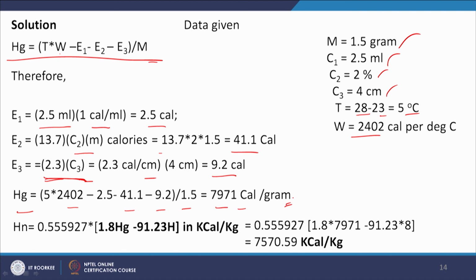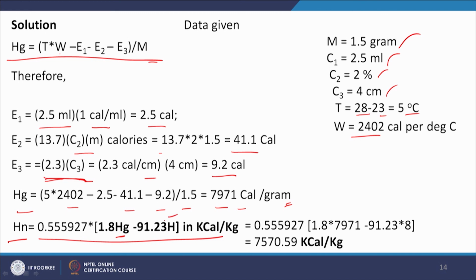The net or low calorific value Hn we will get by the empirical relationship we have discussed in the previous class. That is 0.555 (927 into 1.8 Hg minus 91.23 into H), where Hg is the gross heating value and H is the percentage of hydrogen.